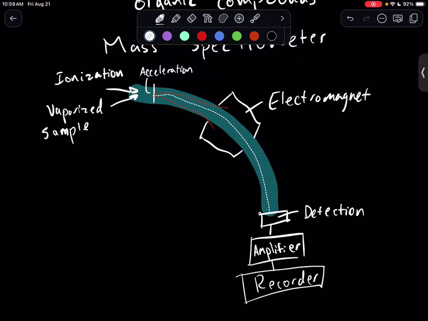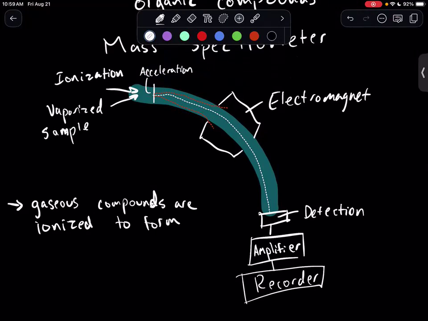Now, I'll just highlight some of those initial points. Gaseous compounds are ionized to form, and this is very specific, positive molecular ions.